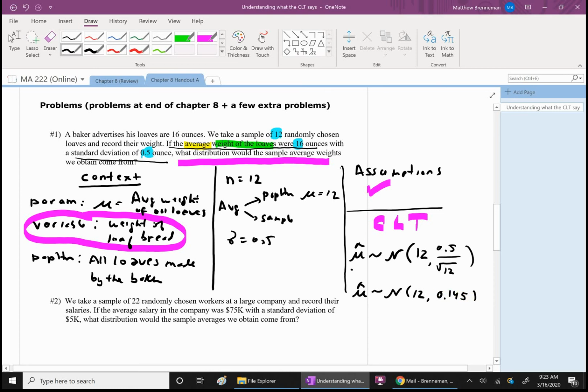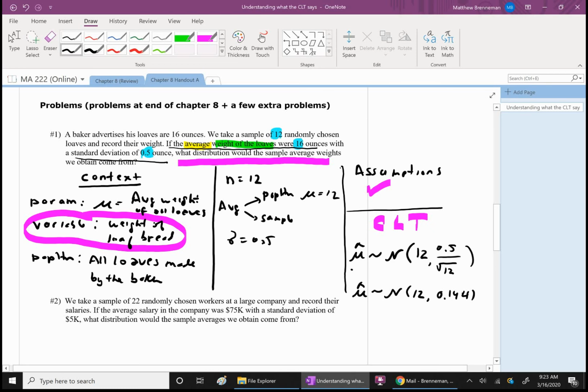Let me just check really quick. Doing it in your head, you can make mistakes. We don't use calculators very much in this class. Actually, 0.144 is a little off. But this is one situation where you can do this in Excel.